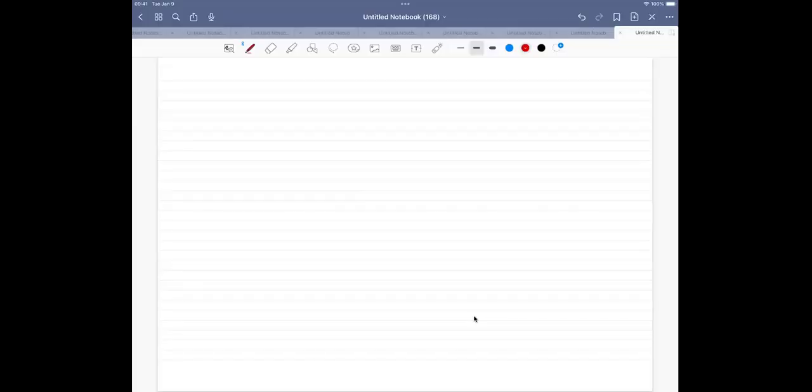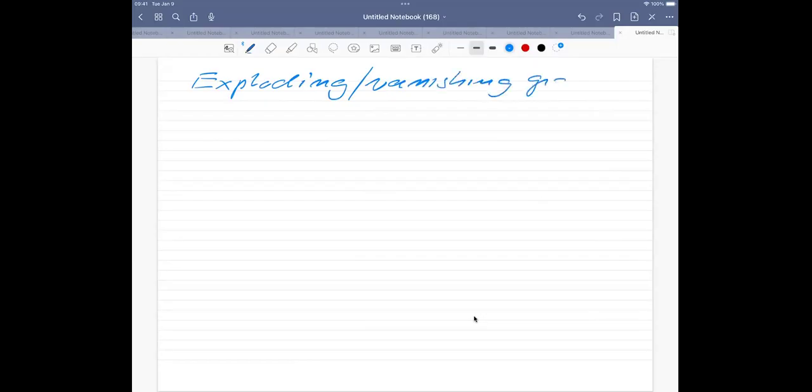So let's look at exploding gradients and how we can make a simple analysis of exploding or vanishing gradients. Because this can actually ruin the whole training with recurrent neural networks.